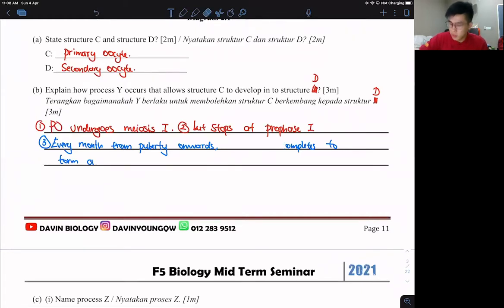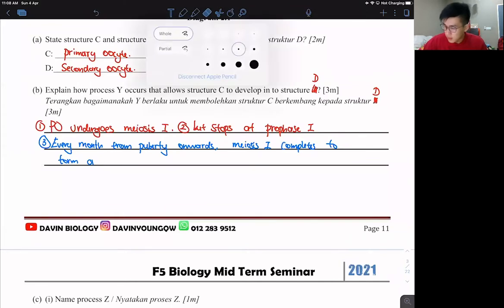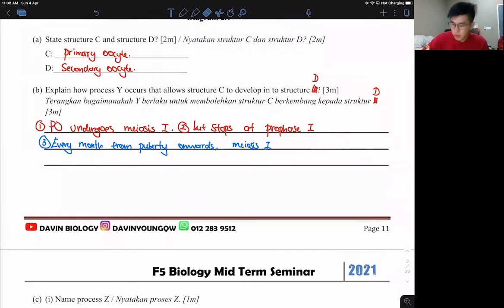You can say meiosis 1 is completed by one primary oocyte to form a secondary oocyte. So now I have finished meiosis 1 already, so I become haploid, or secondary oocyte.